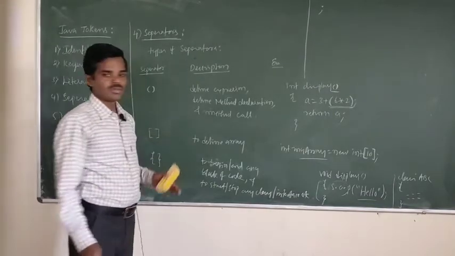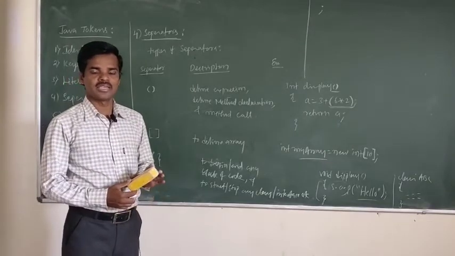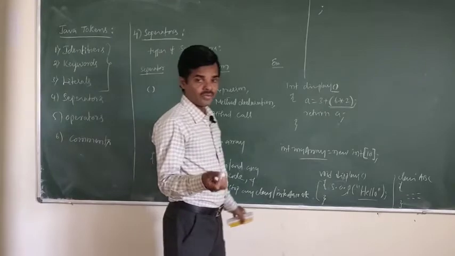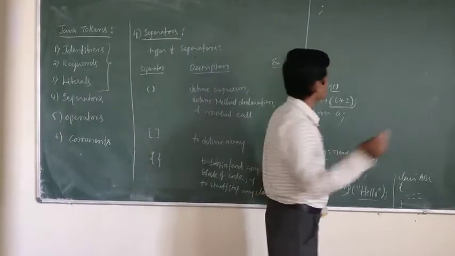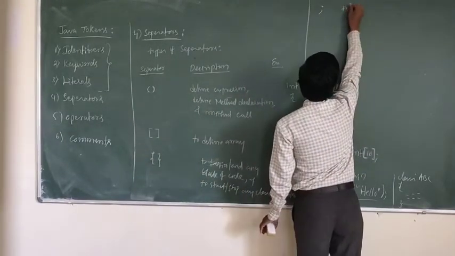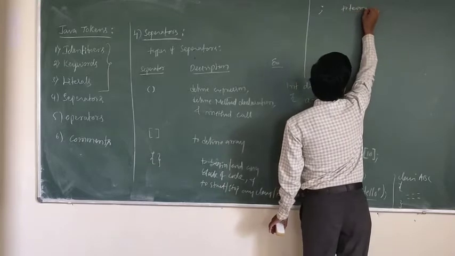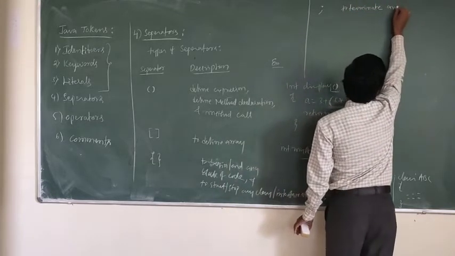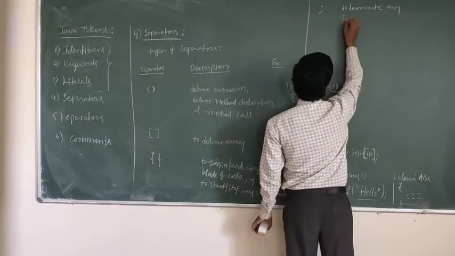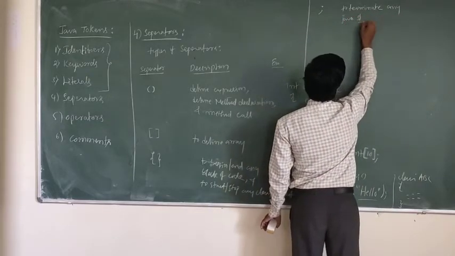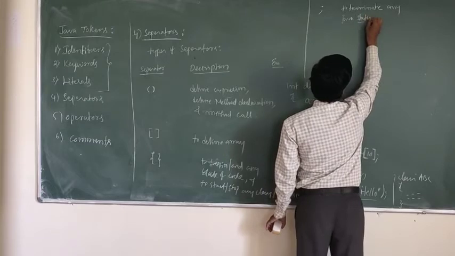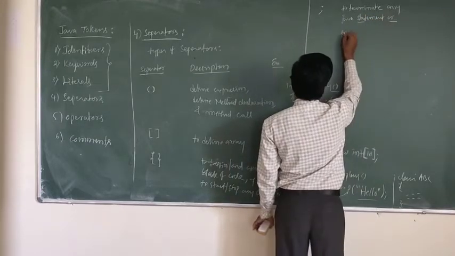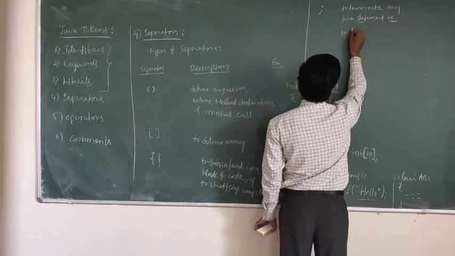So to terminate the statements in the program, or to terminate the declaration of variables, we use the semicolon, to terminate any Java statements or the declaration.